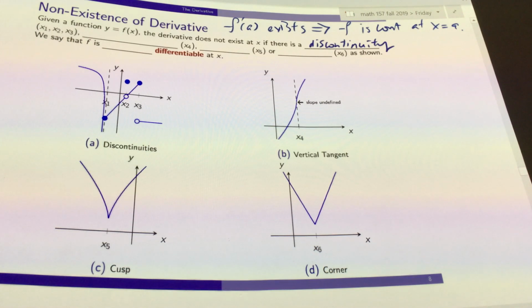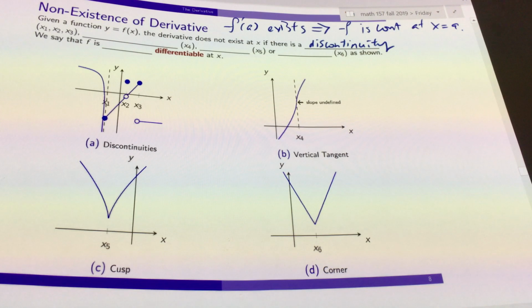For graph A, you have 3 points which are not continuous. At these 3 points, x1, x2, x3, they have a jump, infinity, or removable discontinuity.